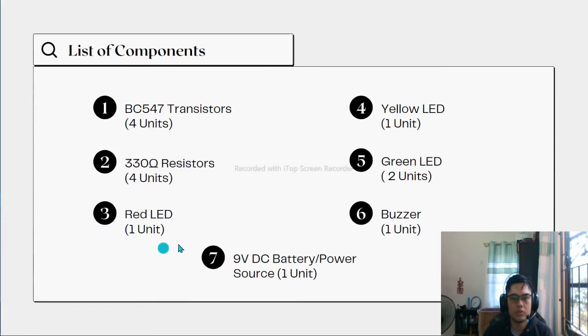Then we need 1 unit of red LED, 1 unit of yellow LED, 2 units of green LED, 1 unit buzzer, and 1 unit DC power source with a 9-volt battery or power supply.